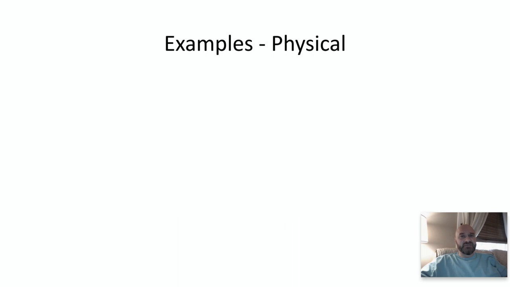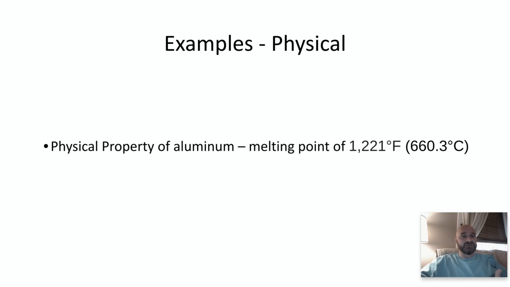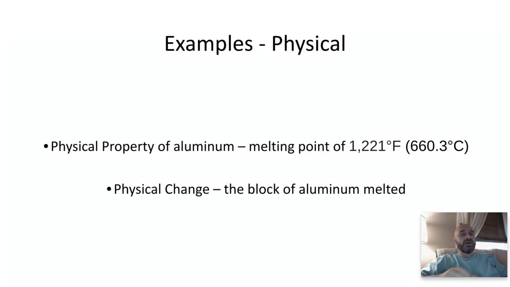So as an example of physical property and physical change, a physical property of aluminum is that it has a melting point of 1,221 Fahrenheit, or about 660 degrees Celsius. Now, if you have a piece of aluminum, it may not necessarily be at that temperature, and so it is in a solid state. But it has the ability of melting once it gets to that point.